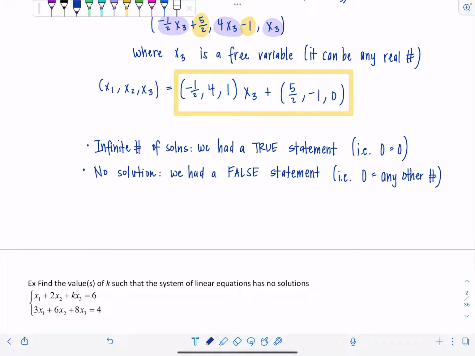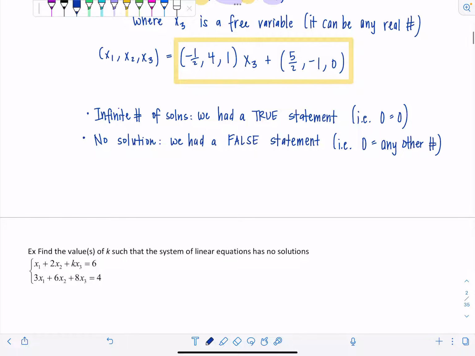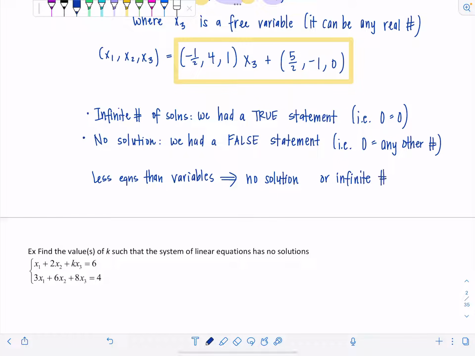Then that would be a false statement, which would mean that you have no solution to the system. The other thing that occurs at times is you'll notice you'll have less equations than you have variables. And when that happens, then that means you either have no solution or you have an infinite number of solutions. But you won't have exactly one, okay?